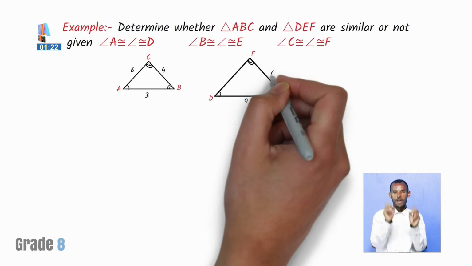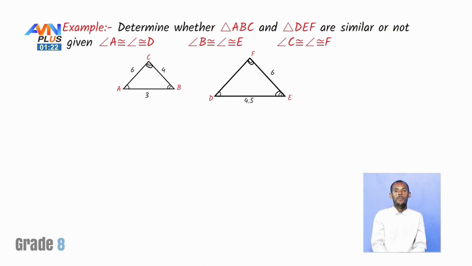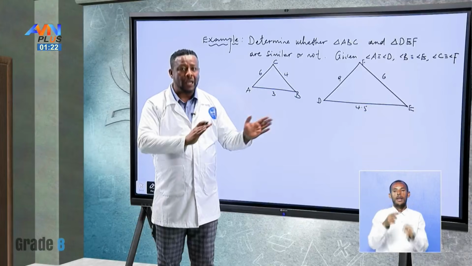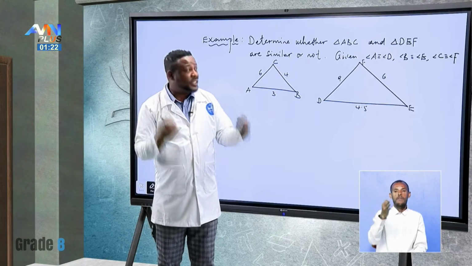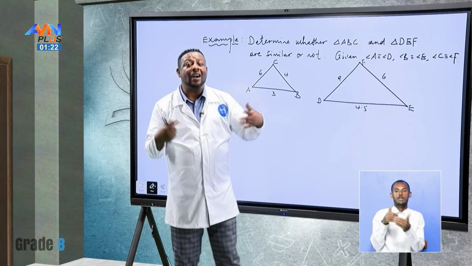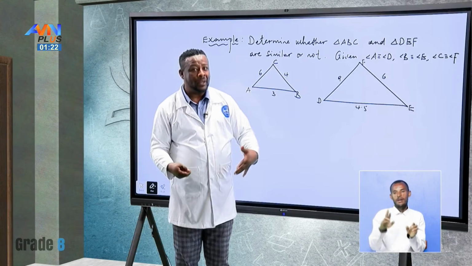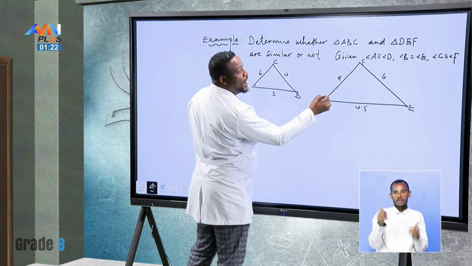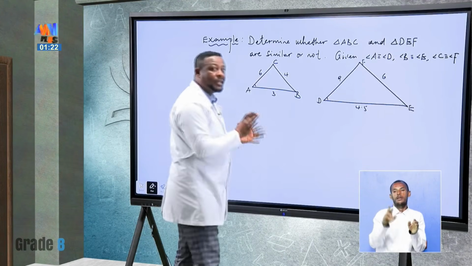Now here we have two triangles, triangle ABC and triangle DEF. What is given here, the corresponding angles are the same. That means angle A and angle D are the same, it is given.